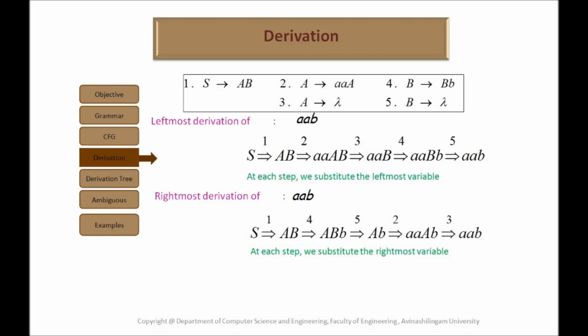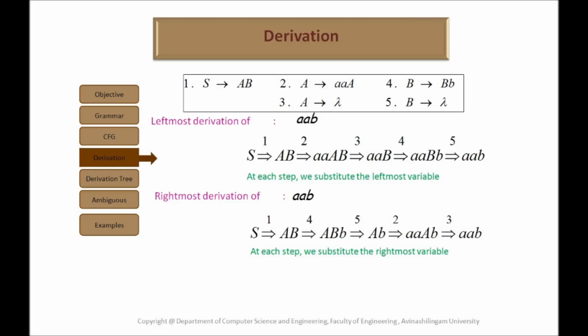The same string can be derived using rightmost derivation. Rightmost derivation means we have to substitute the rightmost variable at each step. So S tends to AB is the first production. Here we have B as the rightmost variable. It has to be substituted using production 4. So it becomes ABB.